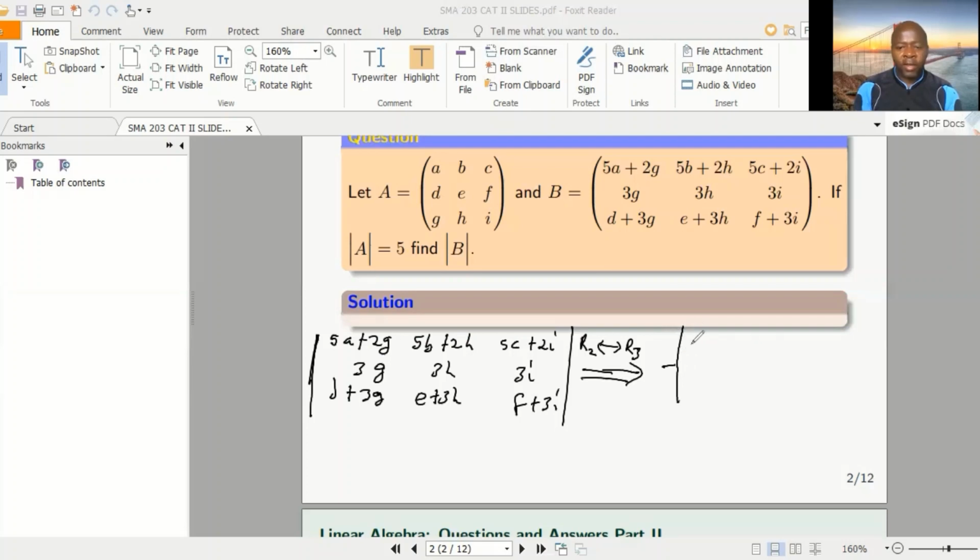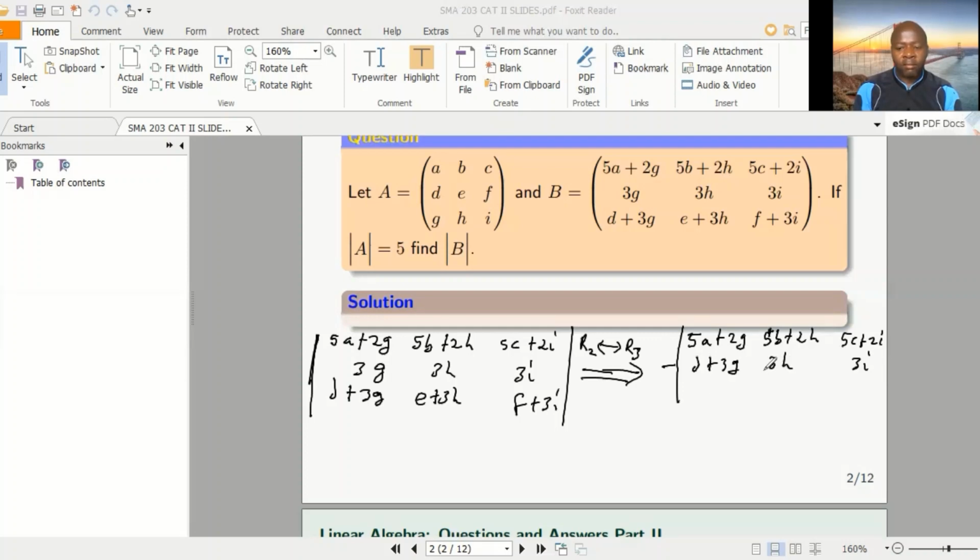So 5A, row 1 remains where it is, 5B, 5C, and then we've just interchanged these rows. This is D plus 3D, this is 3H, and this is 3I. And the other one, no, this is what was this?